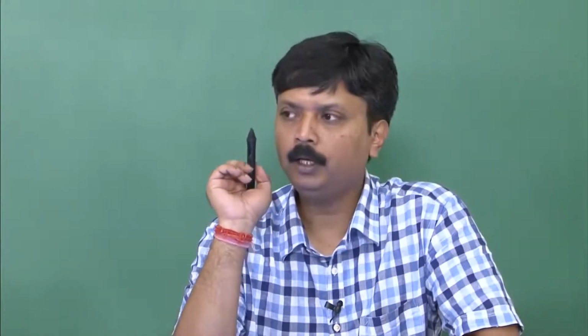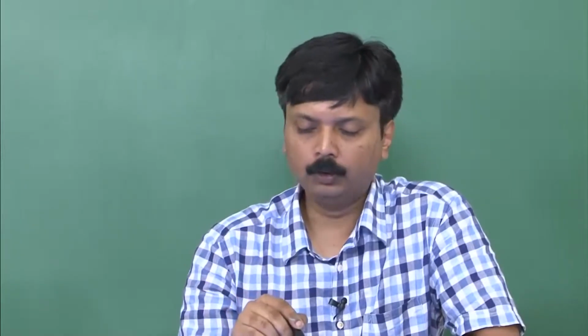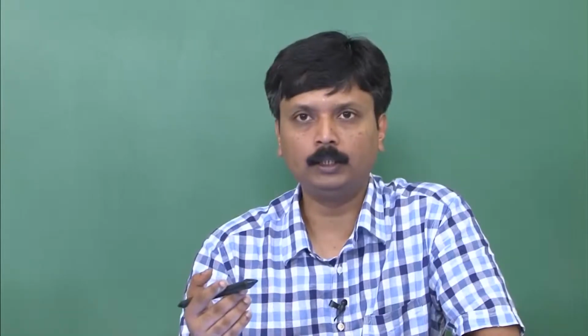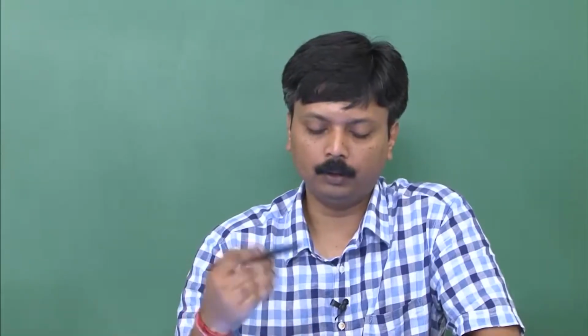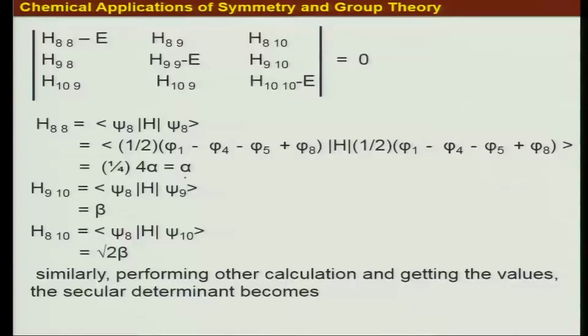And beta is the unit of energy, so beta will give me 1. Taking those terminologies, and S12 or S21 being 0 under the Huckel approximation, we get the results as H88 equals alpha, H910 equals beta, and H810 as root 2 beta.